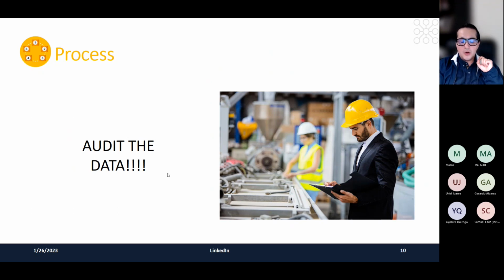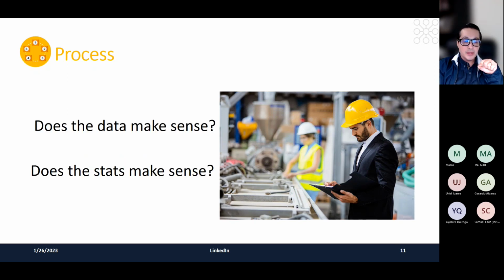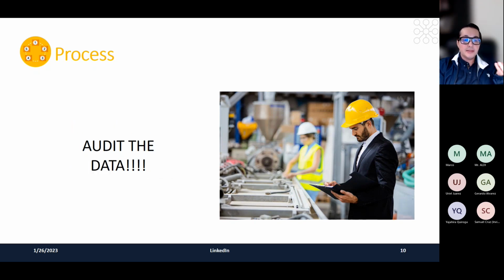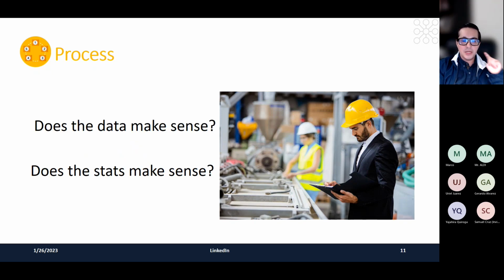For all the people that have worked with quality audits, in the quality departments, when they hear audit, it's a scary word, right? Because that means people are going to start checking every single detail. We have to have that same mentality when we're analyzing the data that we're using. Now, what does auditing the data mean? We have to answer two different questions. One of them: does the data make sense?